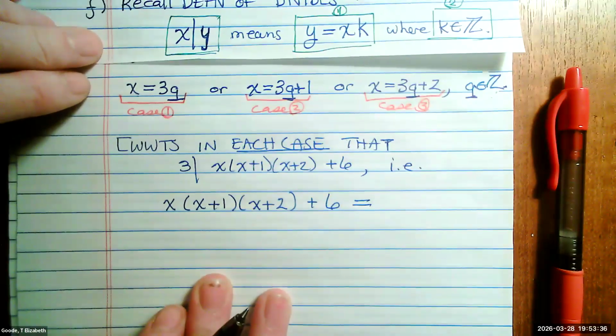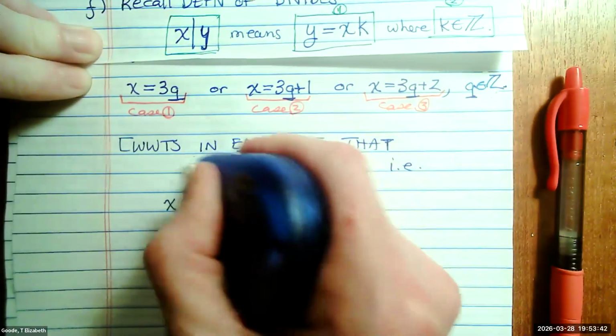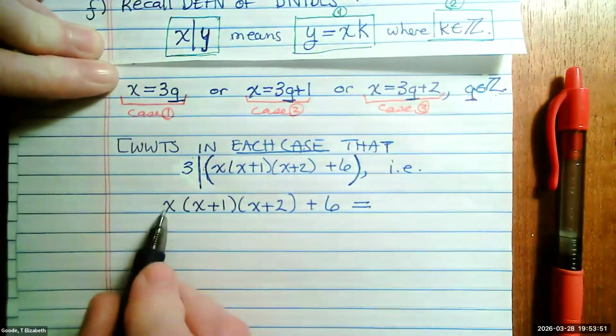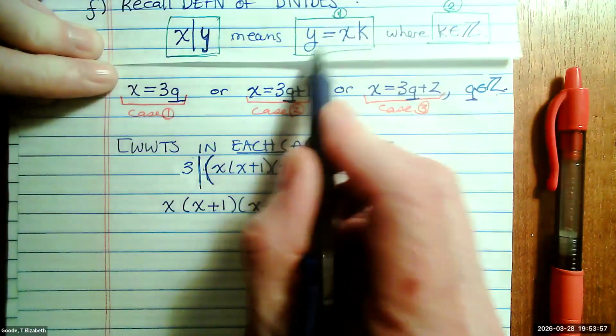So what's our x and what's our y? Let me put these a little closer to each other so that it looks right. Our x is 3 and our y is x times (x plus 1) times (x plus 2) plus 6. So what is it supposed to equal then?